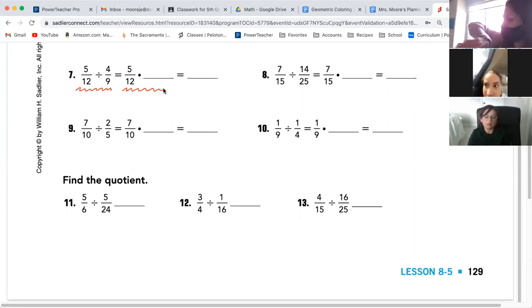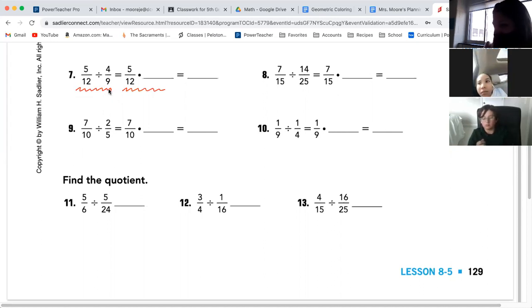You change the division problem to a multiplication one, and you change that divisor to its reciprocal, which is the exact opposite. Multiplication and division are exact opposites of each other, right? So we're using that to our advantage and keep, changing a division expression into a multiplication one, because we know the multiplication procedure is so easy.